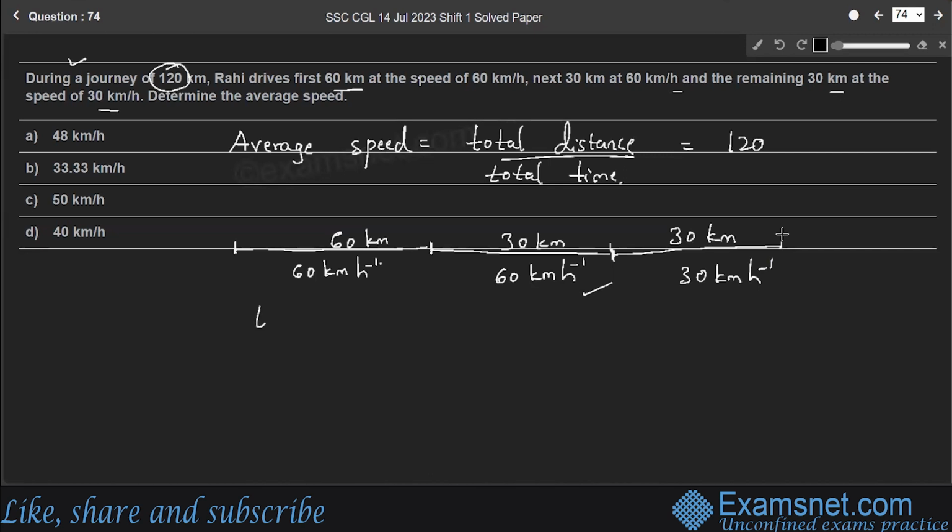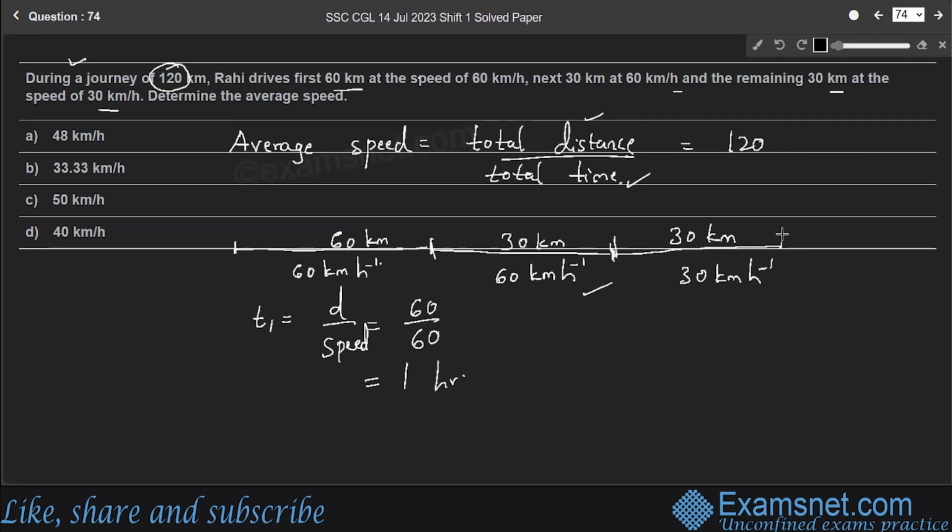Here, the time taken by Rahi in each part of the journey. In the first part of the journey, since speed is distance by time, time is distance by speed. Distance is 60 kilometers, speed is also 60 kilometer per hour. So time is 1 hour.